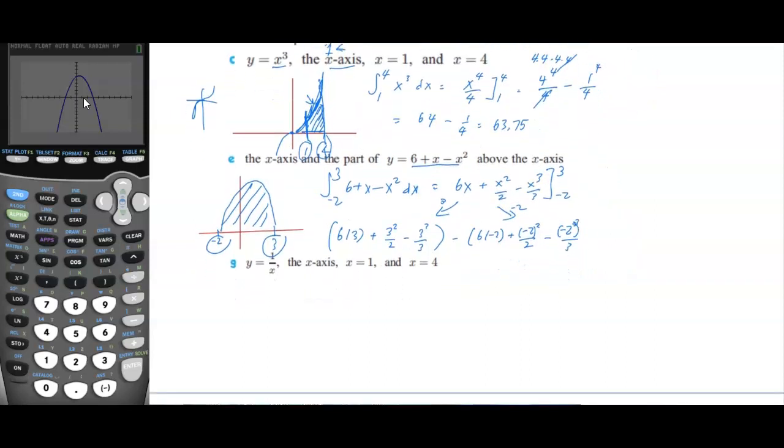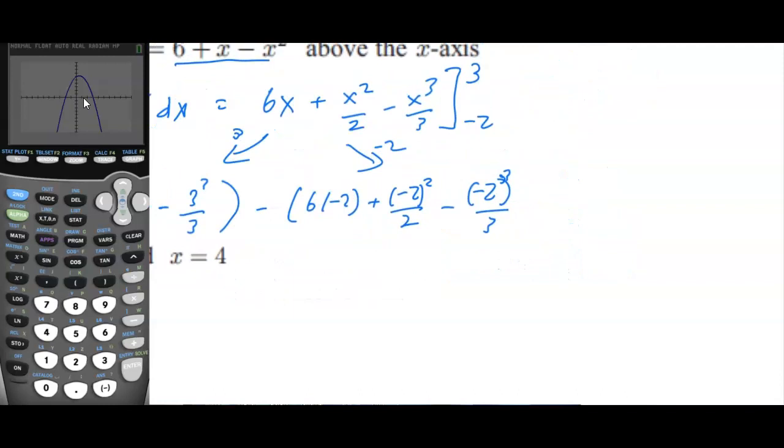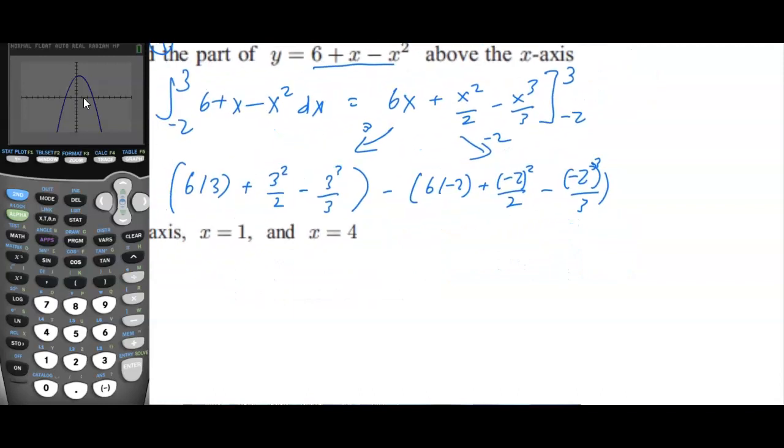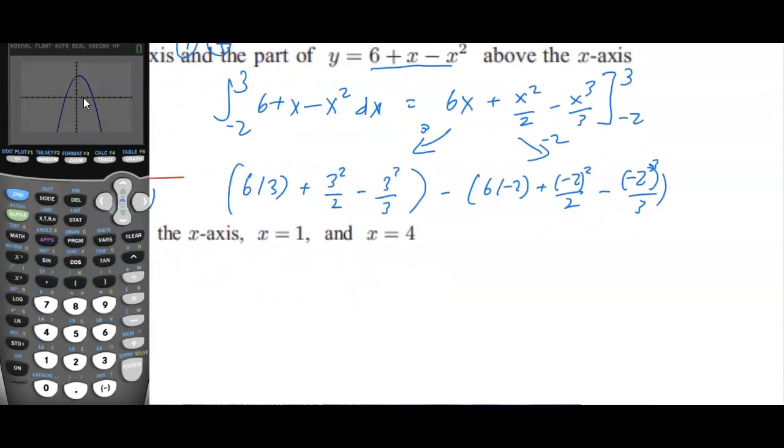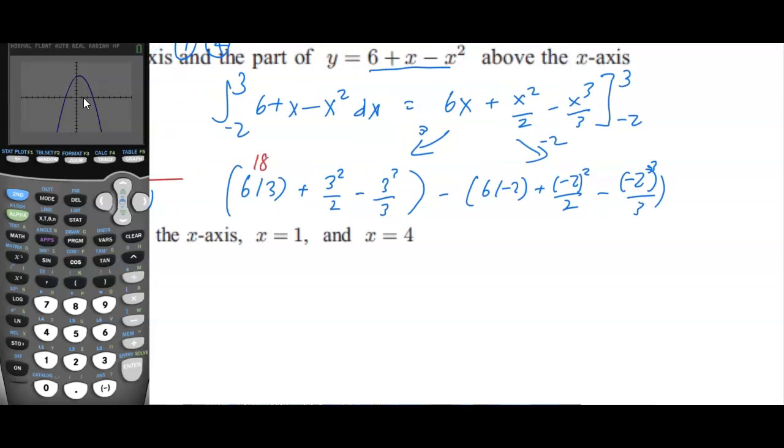Okay, so let's try to simplify that. All right, I'm just going to use a red pen too. This would be 18. This would be 9 halves, which would be 4.5. This would be 3 cubed over 3, which would be 3 times 3 times 3 divided by 3. It would be 3 times 3, so minus 9.